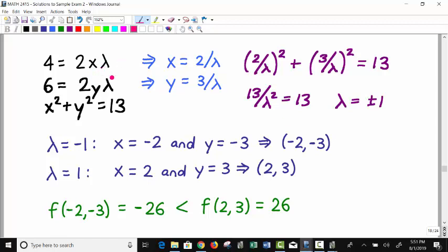So this time though, I'm not solving for lambda. I'm not doing the lambda equals. I'm not sure why I chose to do it this way. You could try it the other way. This works, but I'm not concerned about that.